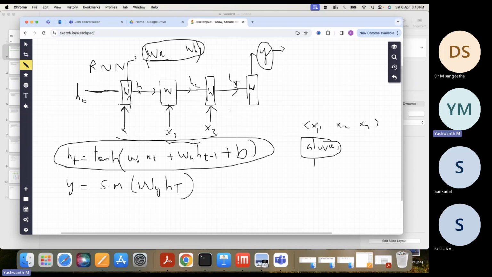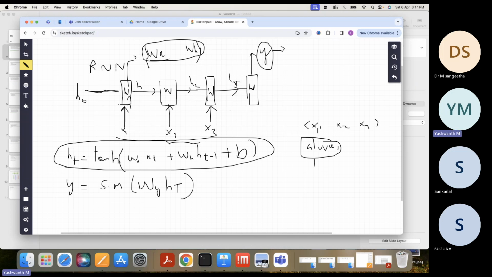So the actual dynamic that is going on here is h_t is tanh of Wx times x_t plus Wh times h_(t-1) plus some bias b. It's just a linear combination of your input with the weight matrix Wx, and a linear combination of your previous hidden state with the weight matrix Wh and some bias b.